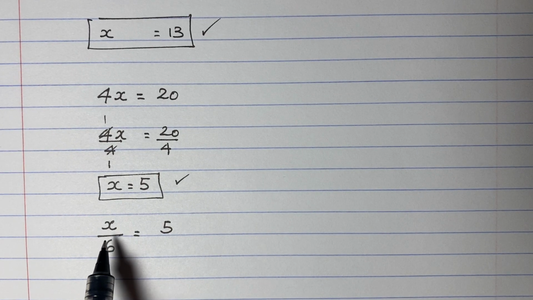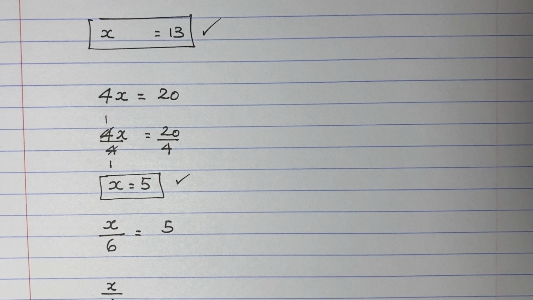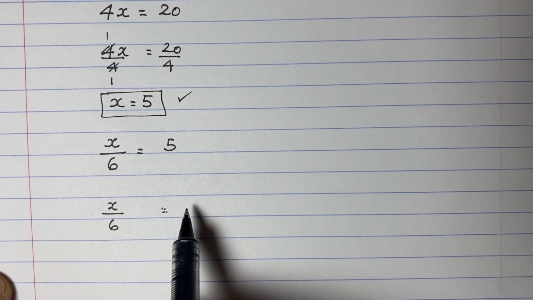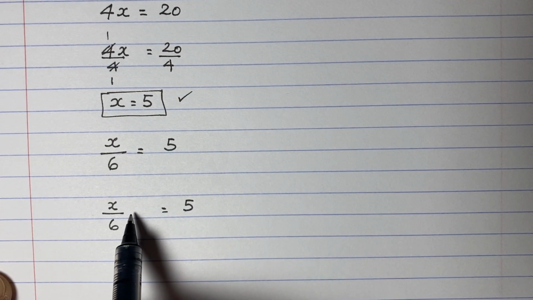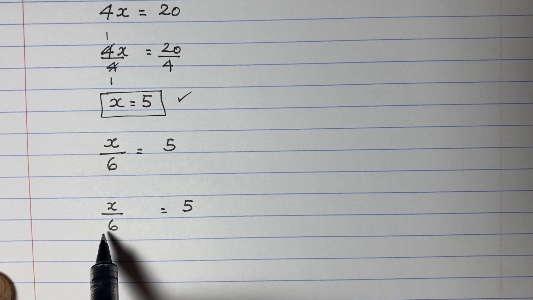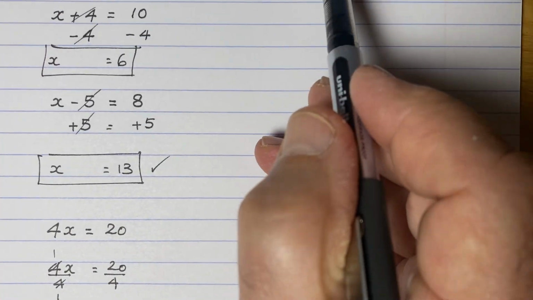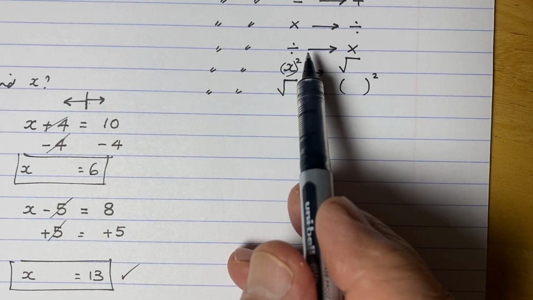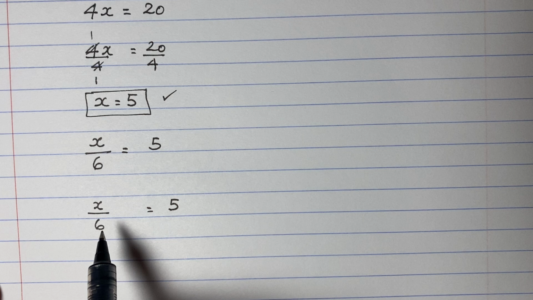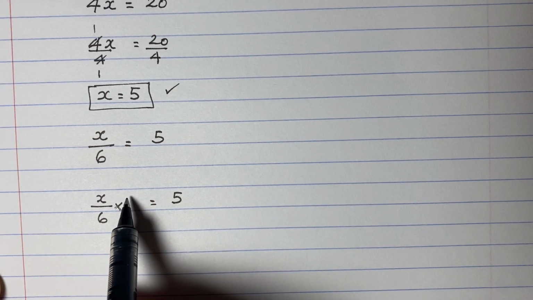In order to show the procedure and show you the method, we write both sides again. And I'm going to times both sides by 6. Why? Because x is being divided by 6. To undo divide, if you remember, is times. So here I'm going to times both sides by 6.